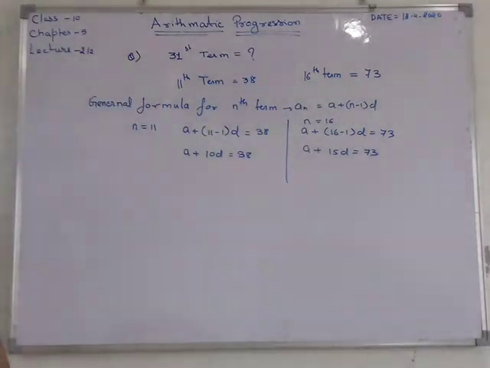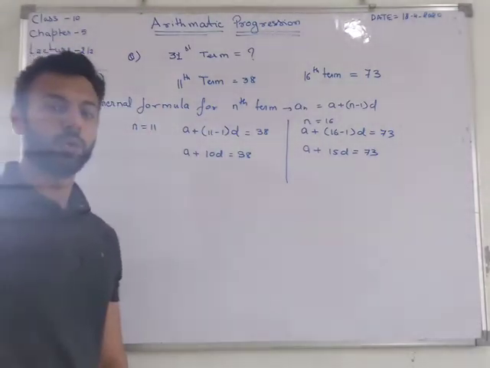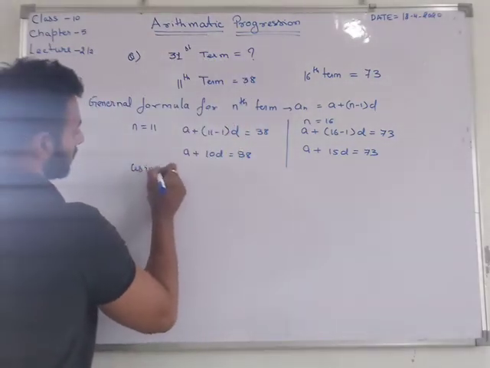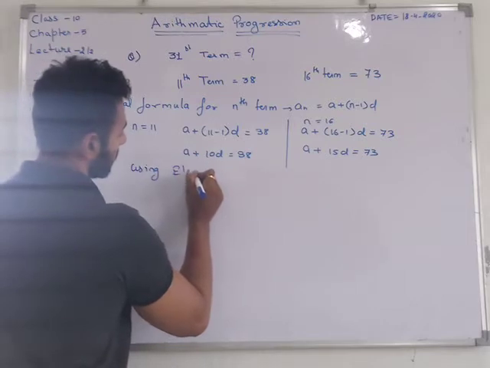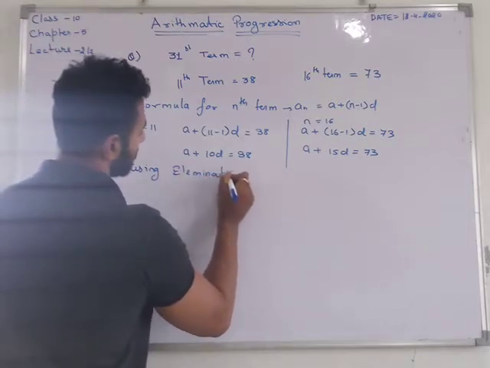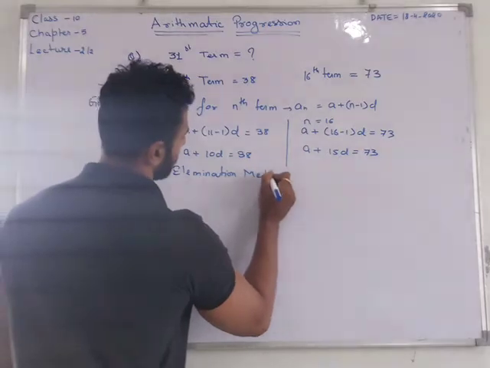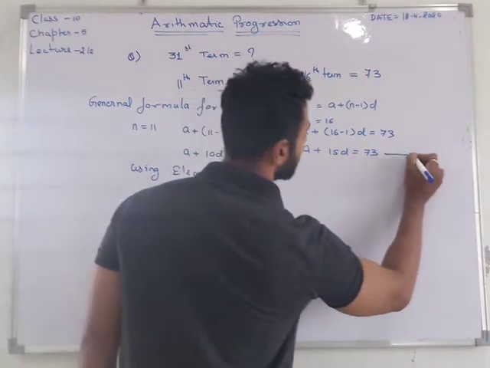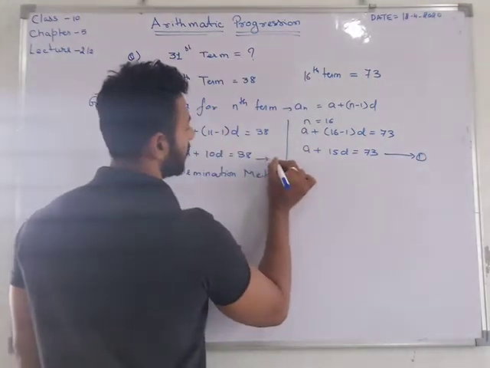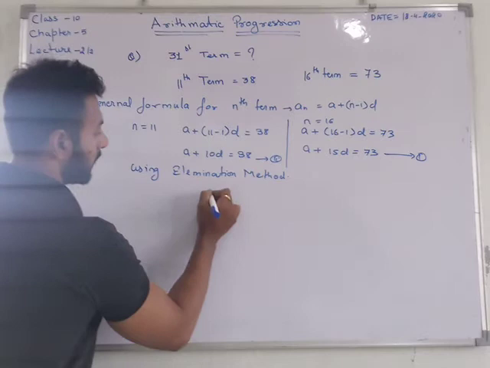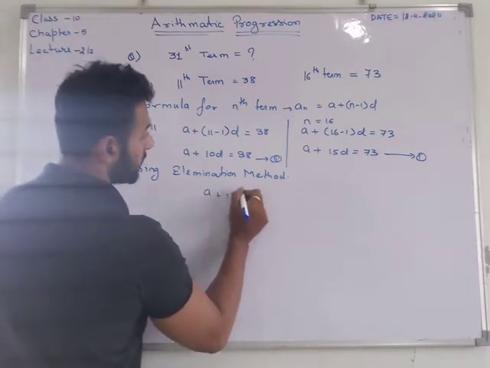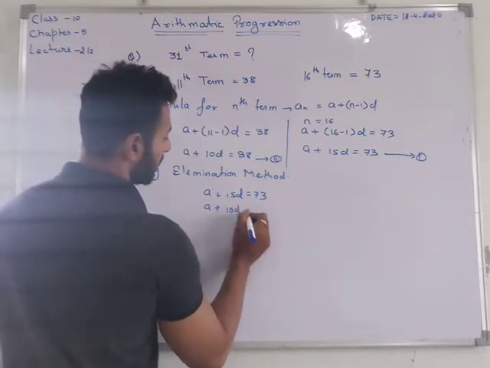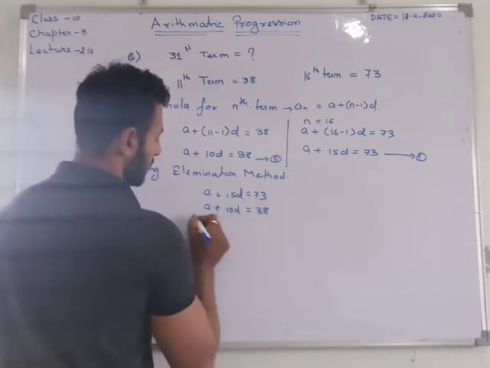Now using the elimination method for linear equations in two variables. This is equation number 1, this is equation number 2. a plus 15d is equal to 73 and a plus 10d is equal to 38.